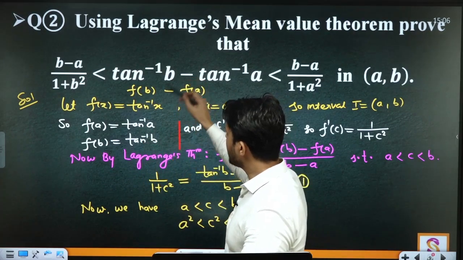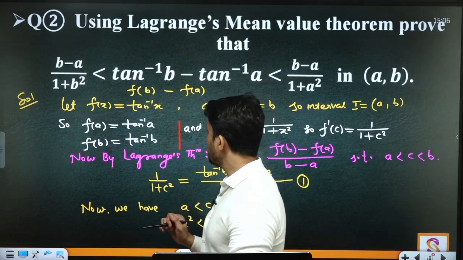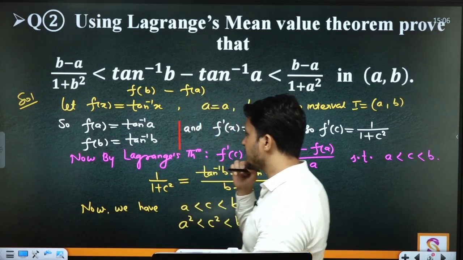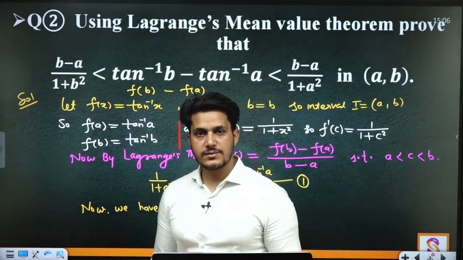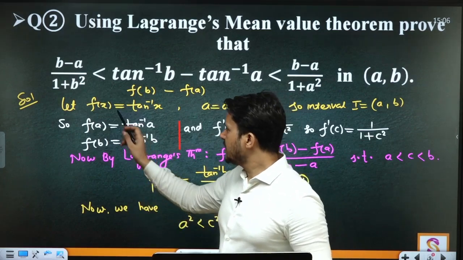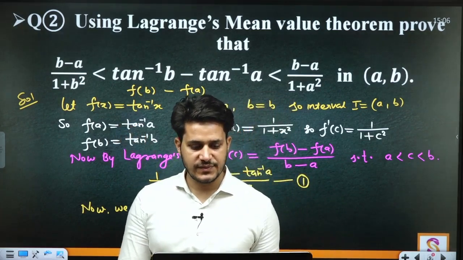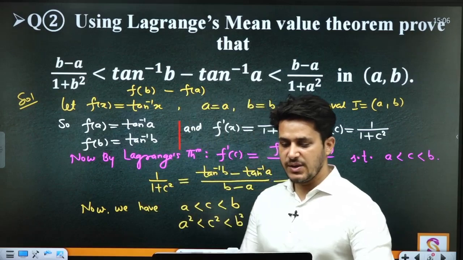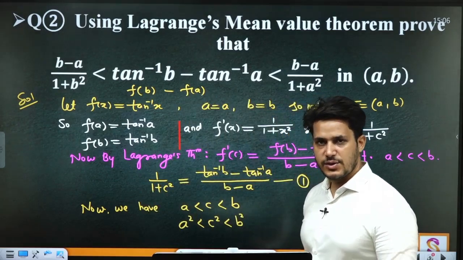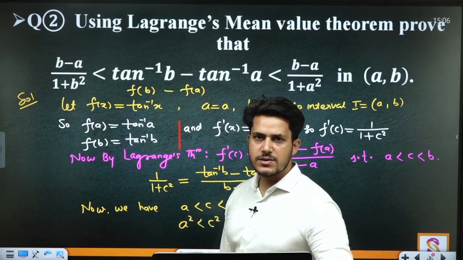So you can replace b or a by any parameter which is equal to x. That's why in the starting आपको हिंट लेना पड़ेगा कि फंक्शन क्या होगा, इंटरवल क्या होगा. ठीक है. सो बाय यूजिंग लैग्रांजेस मीन वैल्यू थ्योरम आप इस तरीके से इनइक्वालिटी को सॉल्व कर सकते हैं.